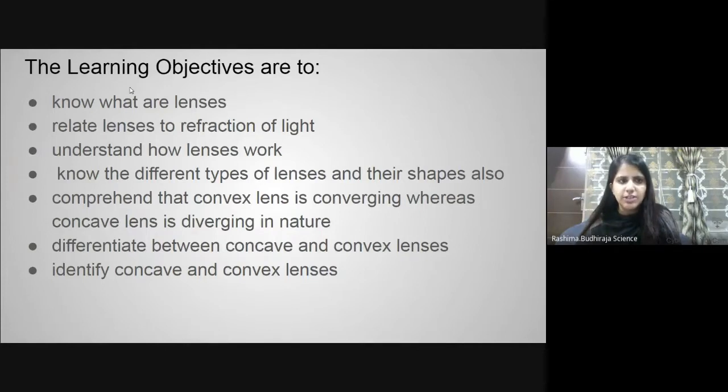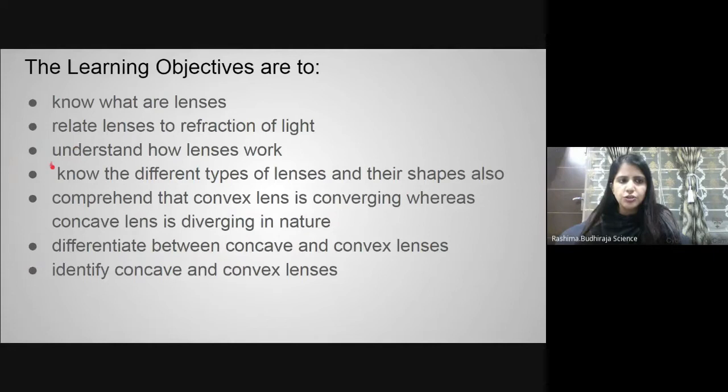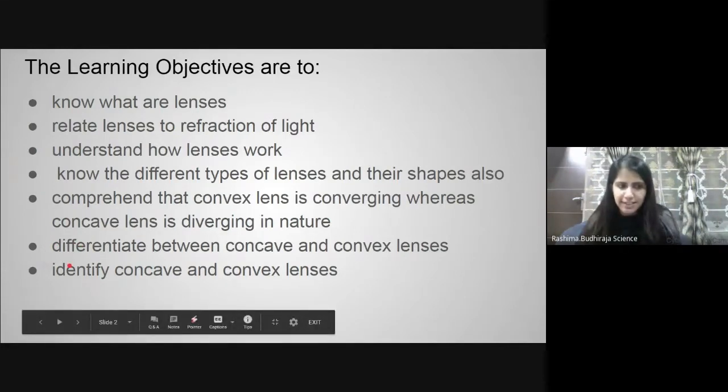The learning objectives are to know what are lenses, to relate lenses to refraction of light, to understand how lenses work, to know the different types of lenses and their shapes also, to comprehend that convex lens is converging whereas concave lens is diverging in nature, to differentiate between concave and convex lenses, and to identify concave and convex lenses.